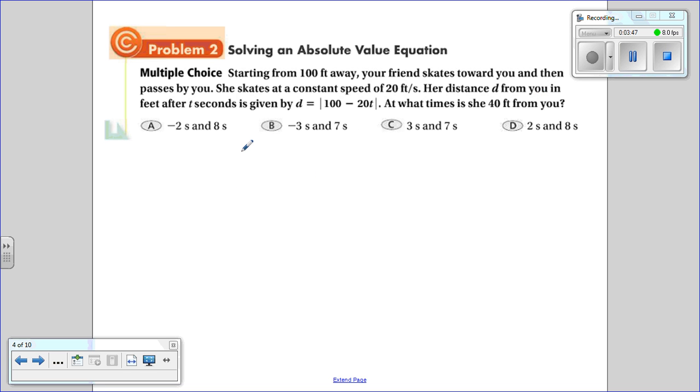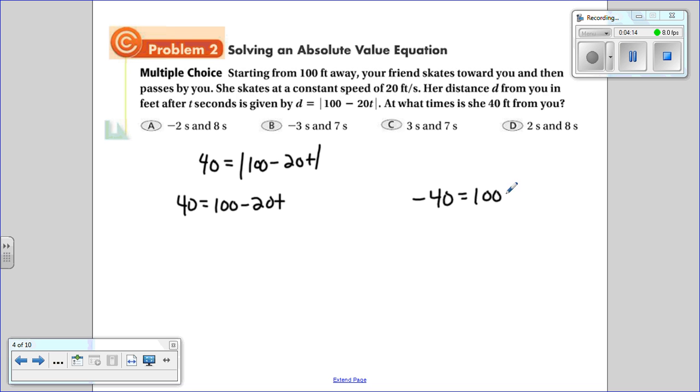But let's solve that. For D, we're going to replace that with 40 is the absolute value of 100 minus 20t. So we get rid of the absolute value, so we are left with 40 equals 100 minus 20t, and we have -40 equals 100 minus 20t. And we solve for both.